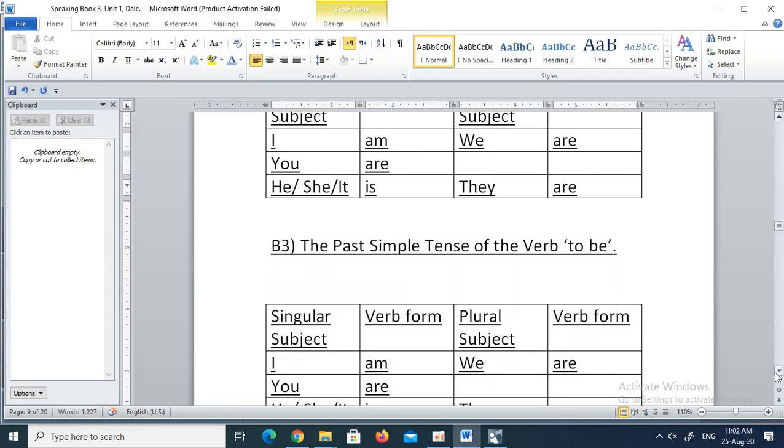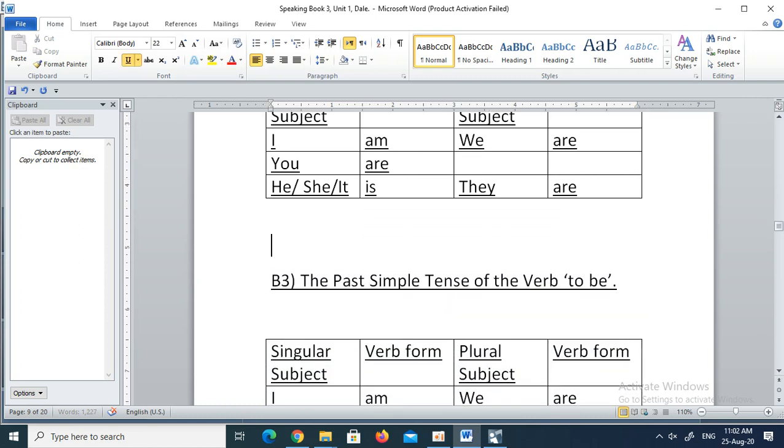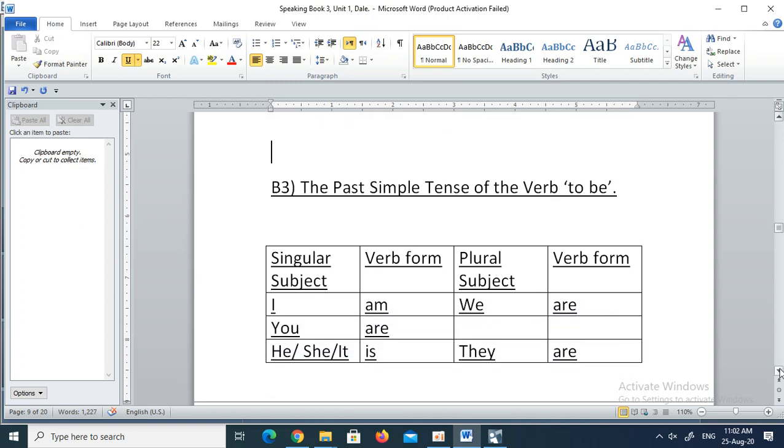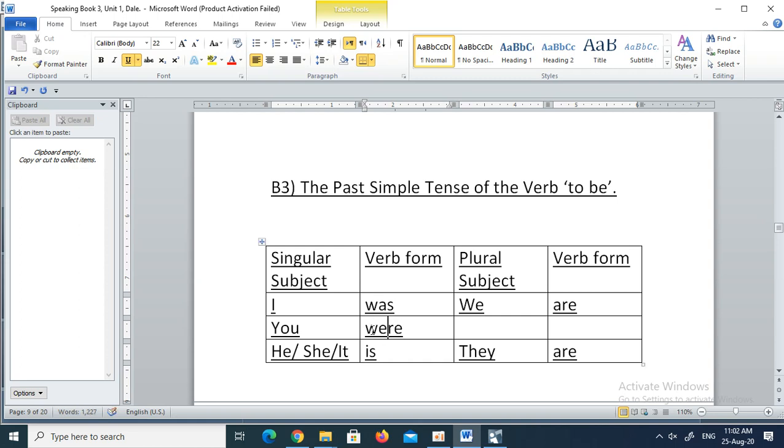In the past simple tense, the forms change as follows. I was, you were, he, she, or it was, we were, and they were. All right.